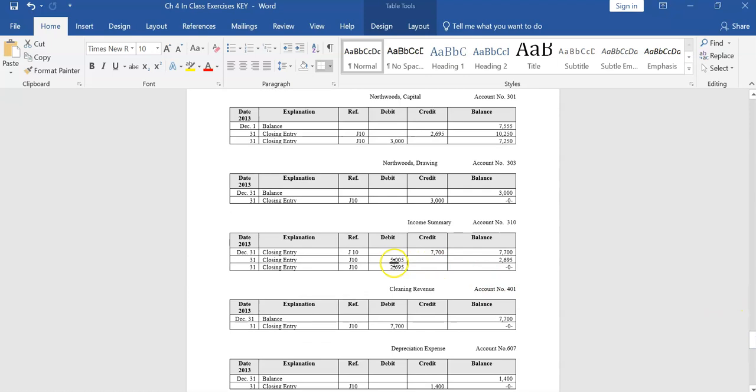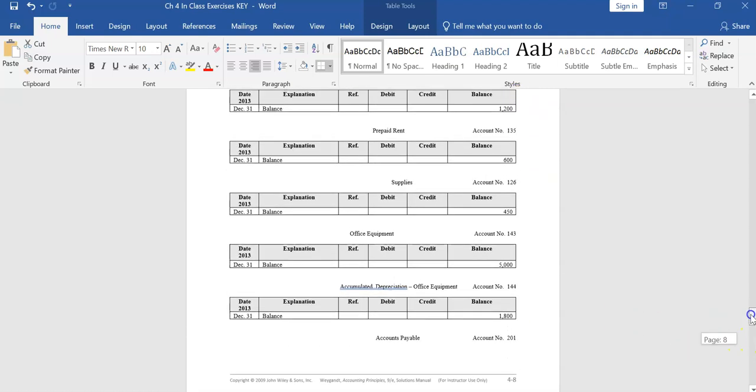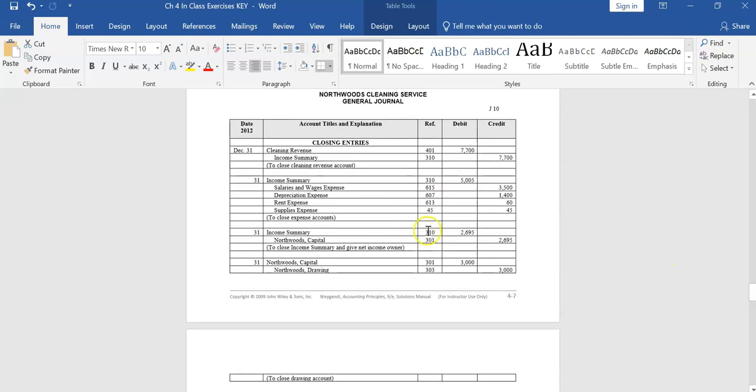Here is income summary being debited, which offsets its balance, bringing its balance down to zero. And here's the credit into the capital account, increasing its balance from $7,555 up to $10,250. Bringing my post reference back up to the general journal.